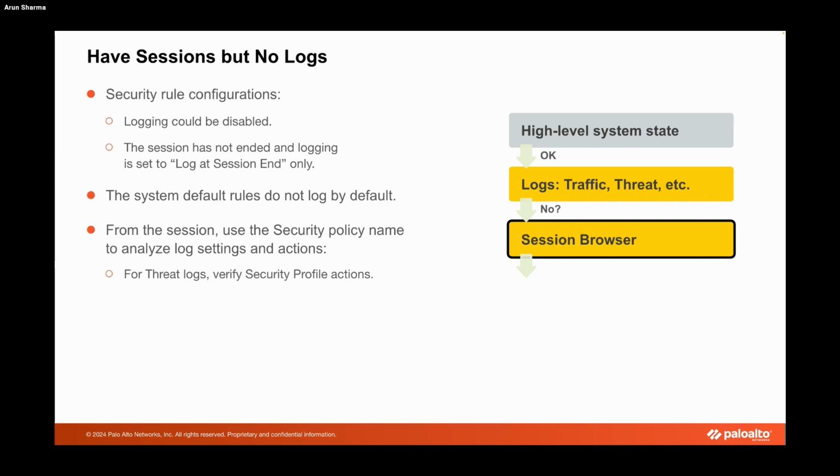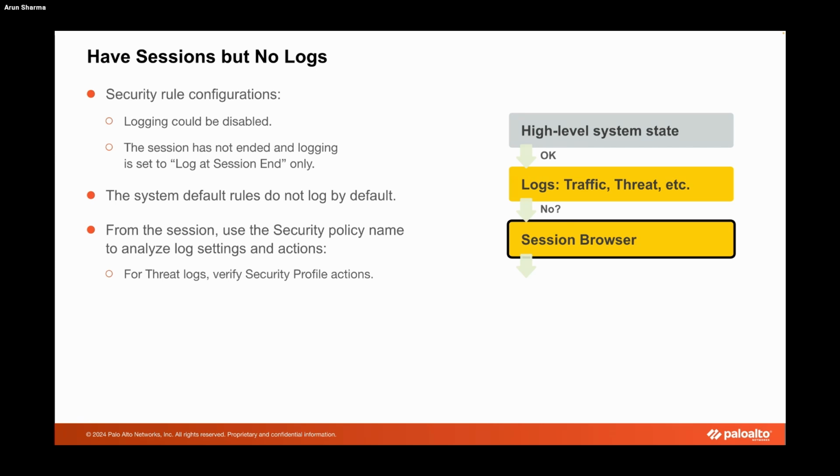For the first 10 seconds during a session timeout, logs may show nothing. However, the session will be visible in the session browser because, remember, in the security policy we are logging at the end. So you can see the session in the session browser, but you won't see anything in the monitor logs.